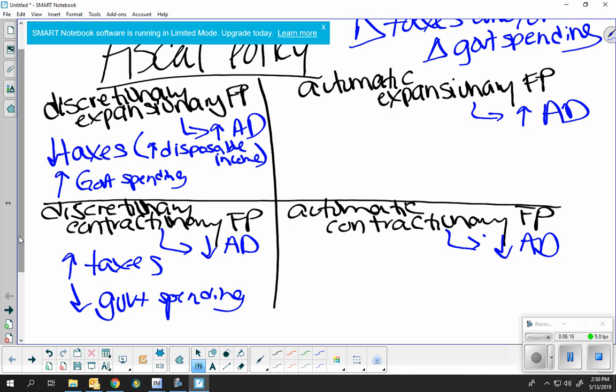So in a recession, which is why we would need expansion in fiscal policy, are people going up or down the tax brackets? Down, because they're making less money. People are getting their hours cut. They're not earning as much profit or whatever, and so people move down. People make less money and move into a lower tax bracket.